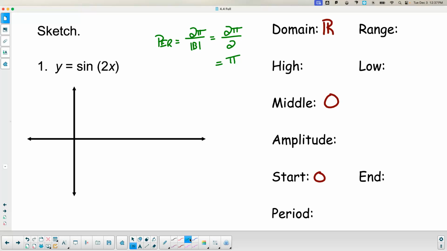So my period is now pi, which makes my end become pi. What is the a value in this particular function? 1. So that's my amplitude, which is my high. -1 is my low. Range goes from -1 to +1.